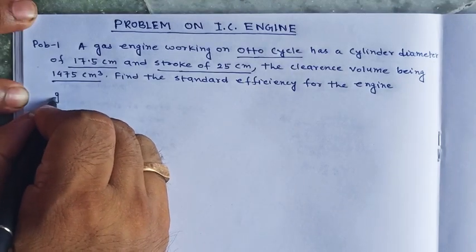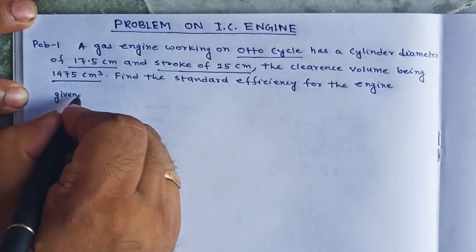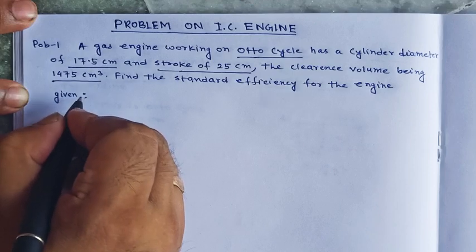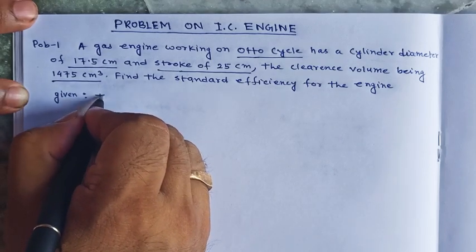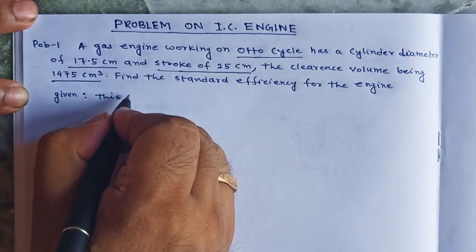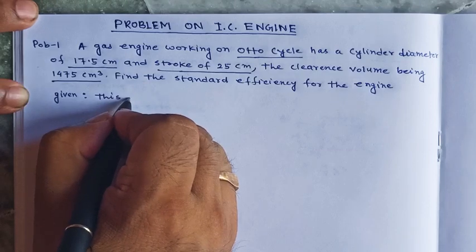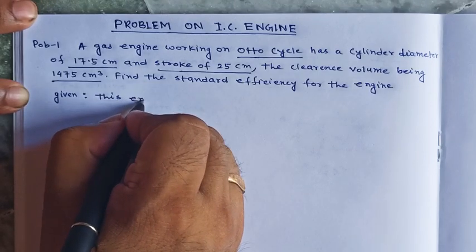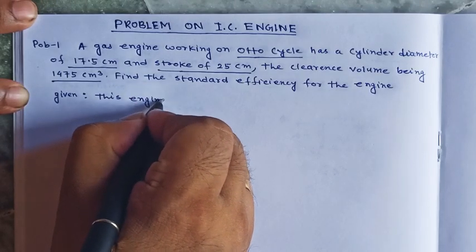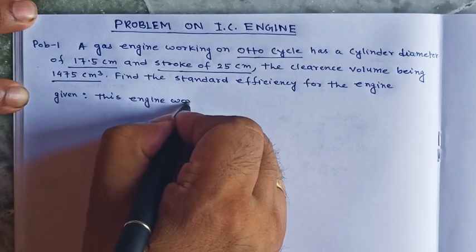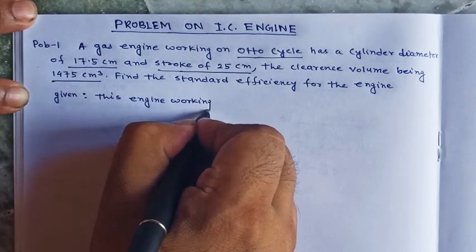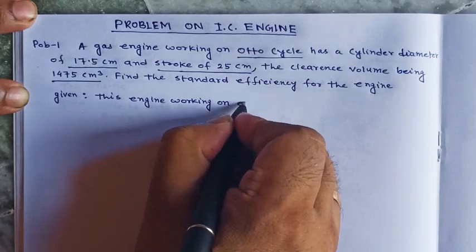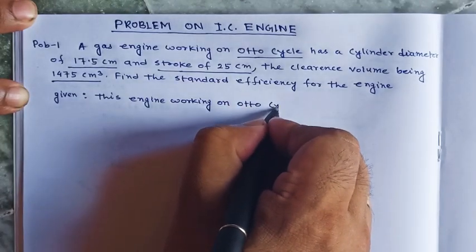So given data are: this engine working on Otto cycle.